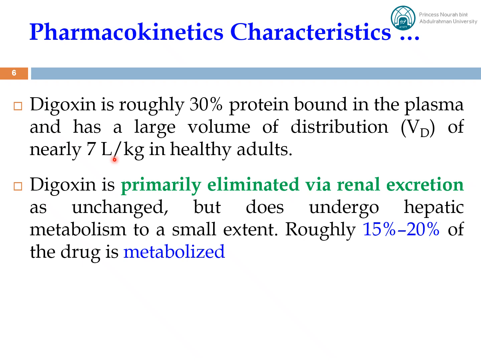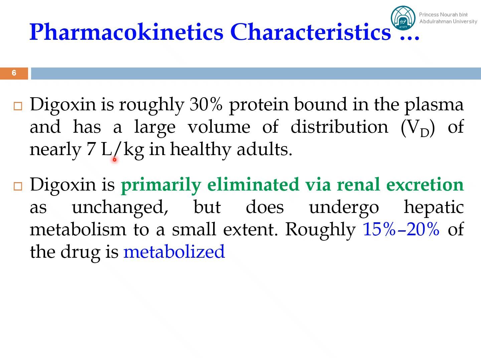If you are talking about an adult male weighing 70 kilograms, the volume of distribution will be 7 by 70, which is 490 liters, or roughly 500 liters. It's a relatively large volume of distribution. When the drug has a large volume of distribution, it will be widely distributed in the adipose tissue.